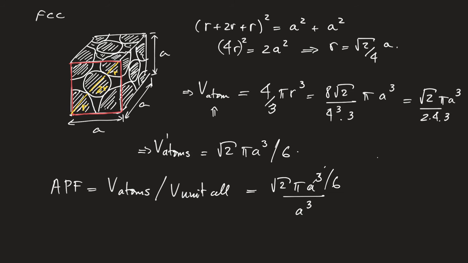So this term cancels out this term here in the denominator, and we finally end up with square root of 2 pi over 6. It's approximately 0.74, 74%. Well, the 4 atoms in the unit cell of a FCC structure occupy 74% of its total volume.